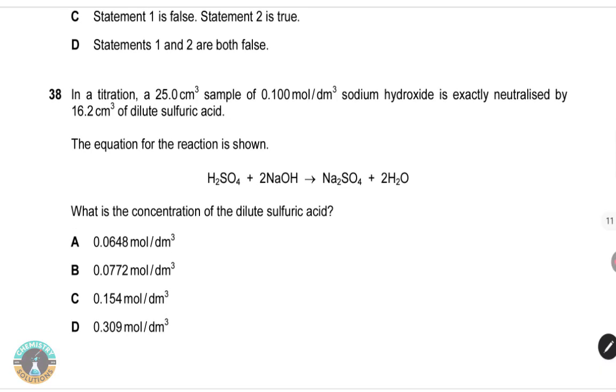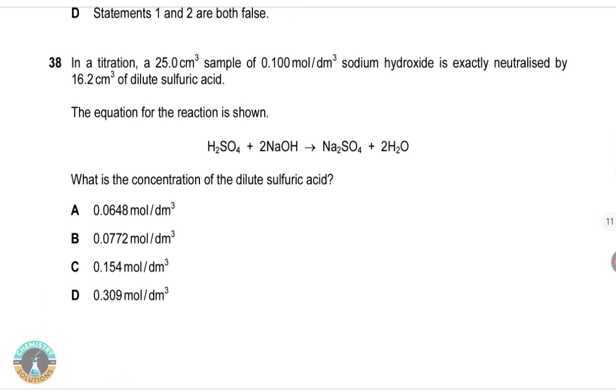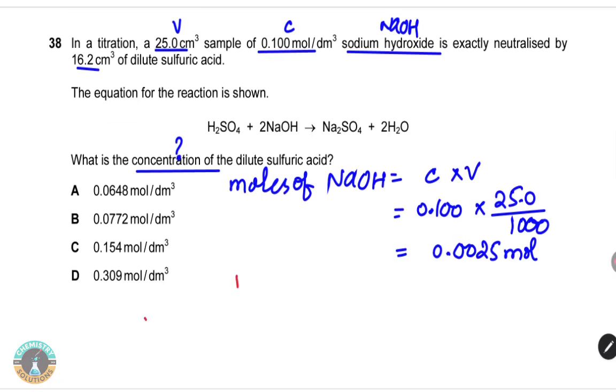In a titration, a 25.0 cm3 sample of 0.100 mol/dm3 NaOH is exactly neutralized by 16.2 cm3 of sulfuric acid. The equation for the reaction is shown. What is the concentration of the sulfuric acid? Maybe I can solve this question here. NaOH, H2SO4.